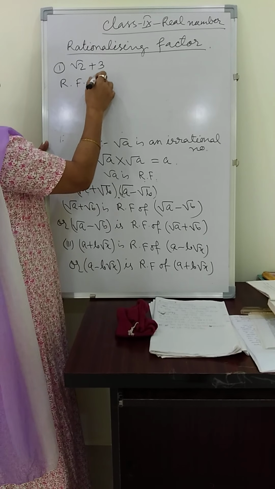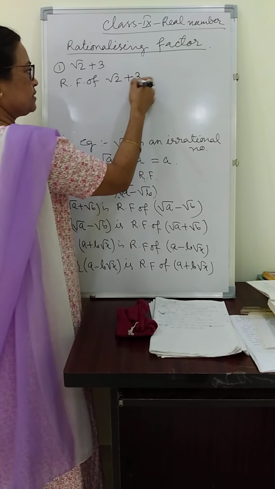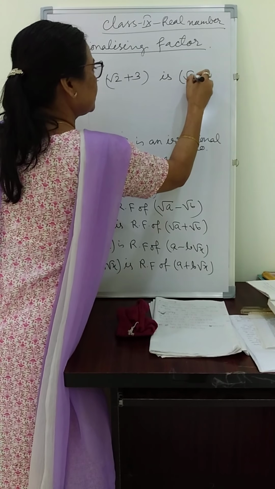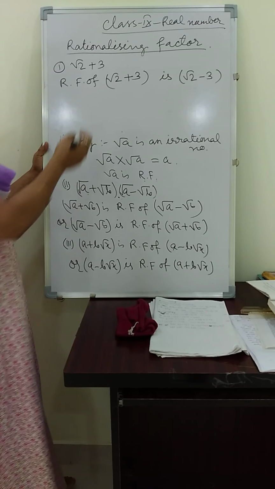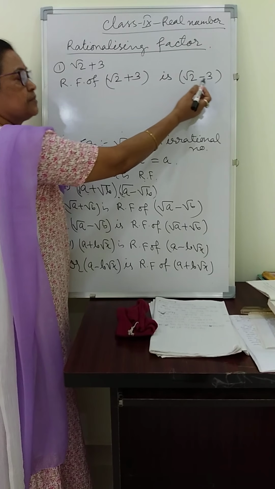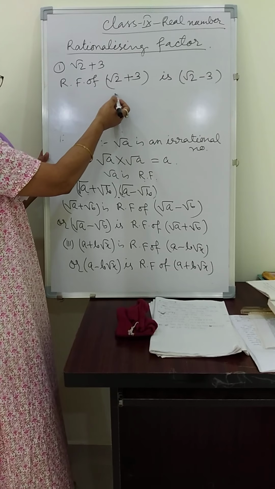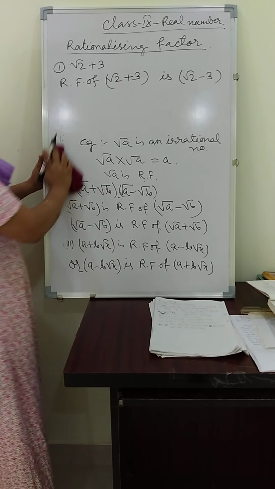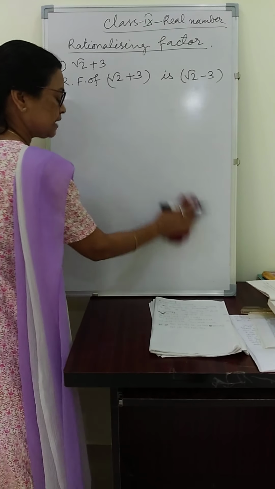The RF of root over 2 plus root over 3 is root over 2 minus root over 3. If it is a positive sign, then its RF will be negative. If it is negative, then its RF will be positive. Remember. So next we will discuss some questions and solve them here.